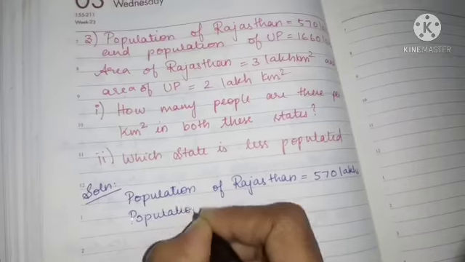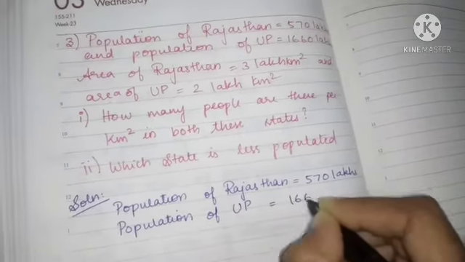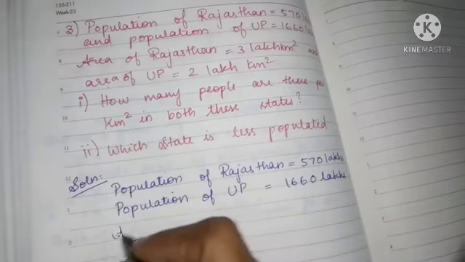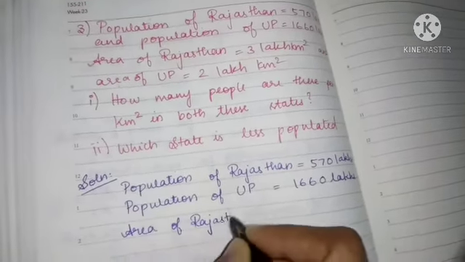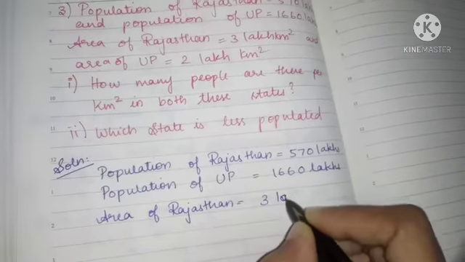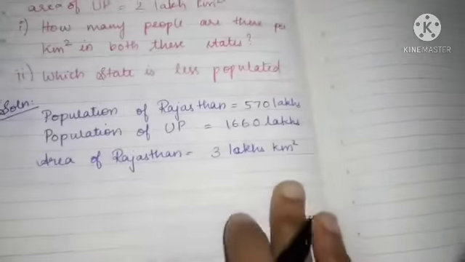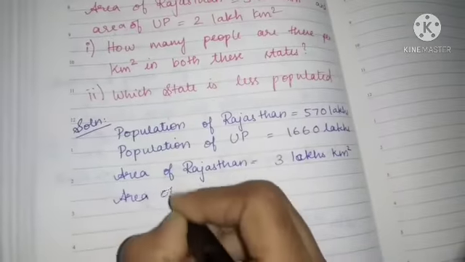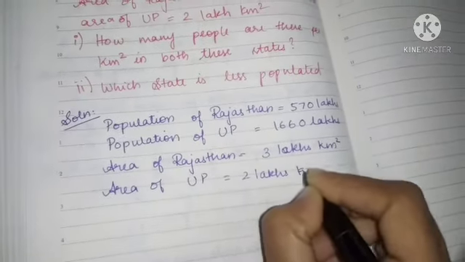Population of UP is 1660 lakhs. Area of Rajasthan is 3 lakhs kilometer square. Area of UP is 2 lakhs kilometer square.